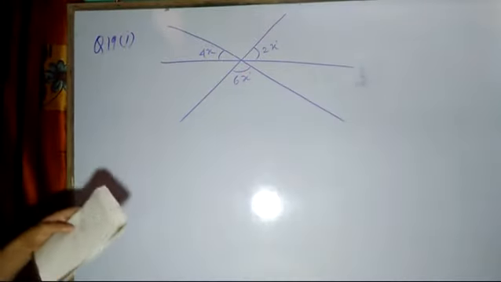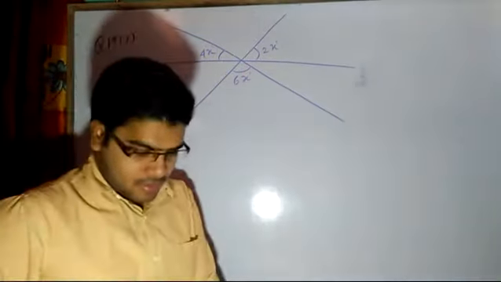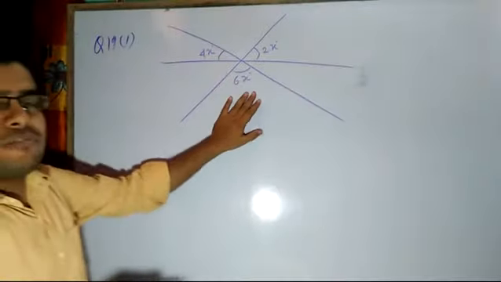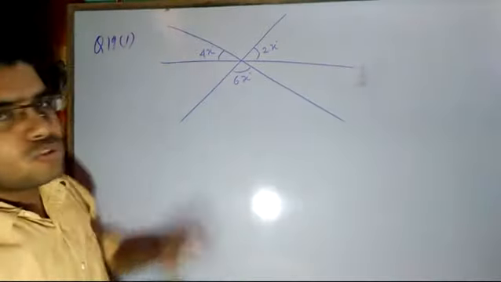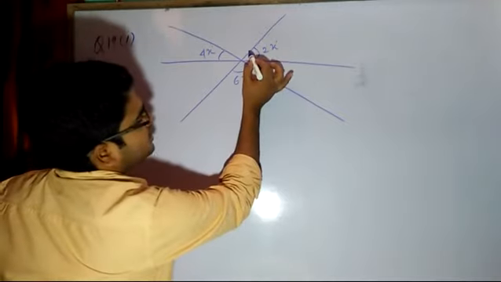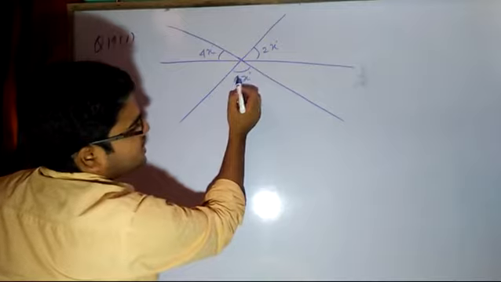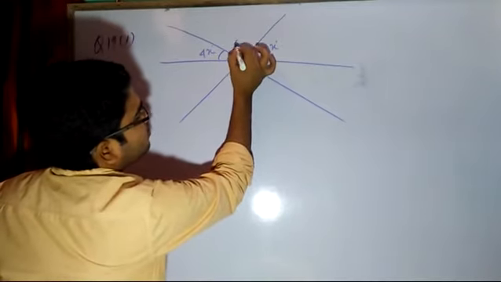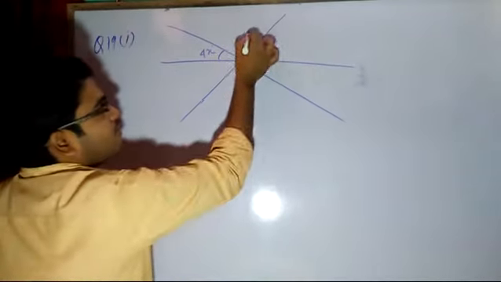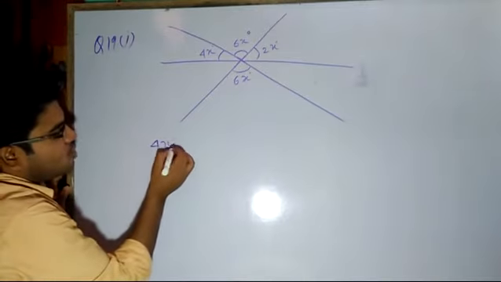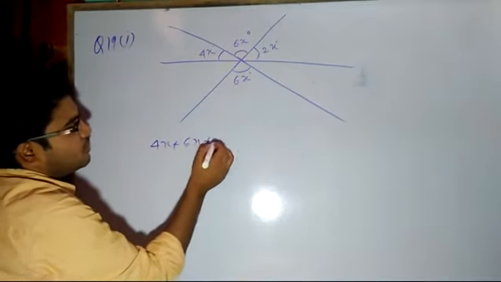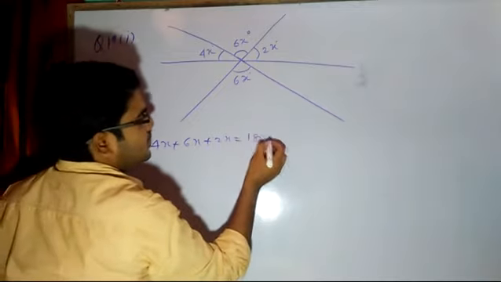They are asking you to calculate the value of x, and I will calculate the value of x as well as the exact values of the angles. As you can see, this forms an X, complete, there is no bend. If this is 6x, then obviously this one also will be 6x degrees. Now we can see that 4x plus 6x plus 2x is equal to 180 degrees.